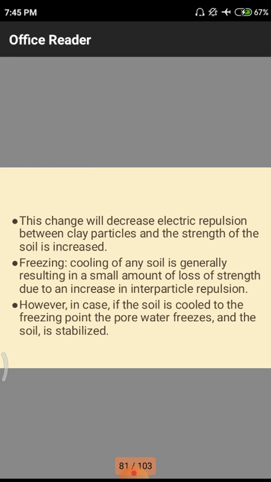If there is any increment of temperature, automatically those particles will get a charge. Due to that charge on the particles, automatically there will be a reaction and bond formation, so that the total soil strength will increase due to this formation of bonds due to thermal activities.